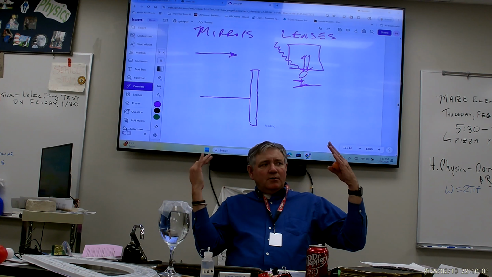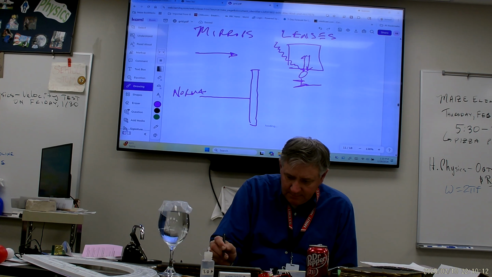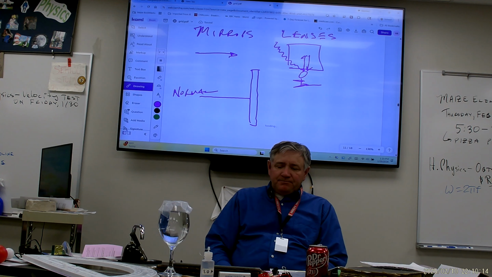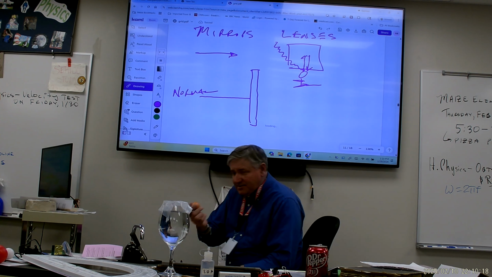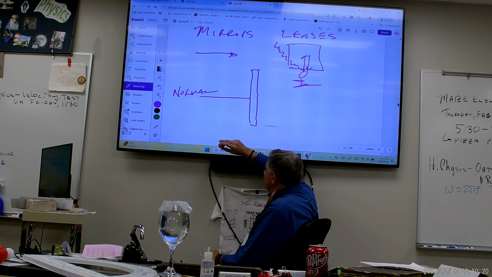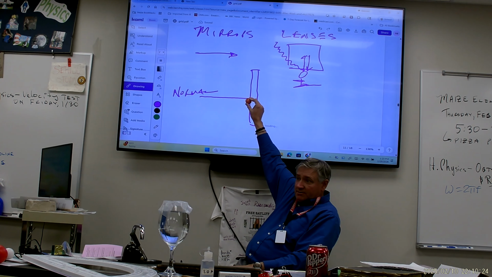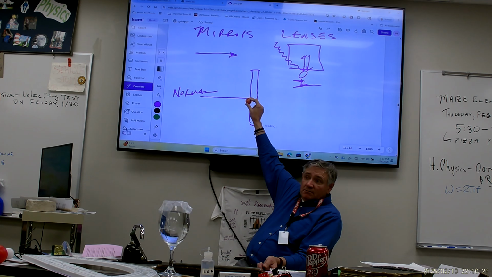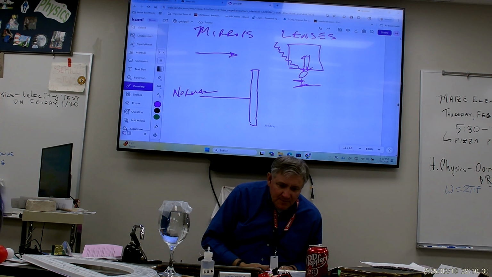You typically draw what's known as the normal line, which is at a right angle to the mirror. Imagine I take this ball and throw it at an angle and it hits the mirror here. Then it's going to bounce off like this.